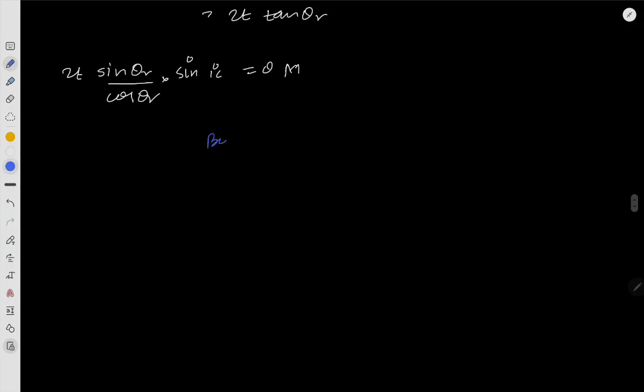So by Snell's law, sine theta i equals to mu times sine of theta r.